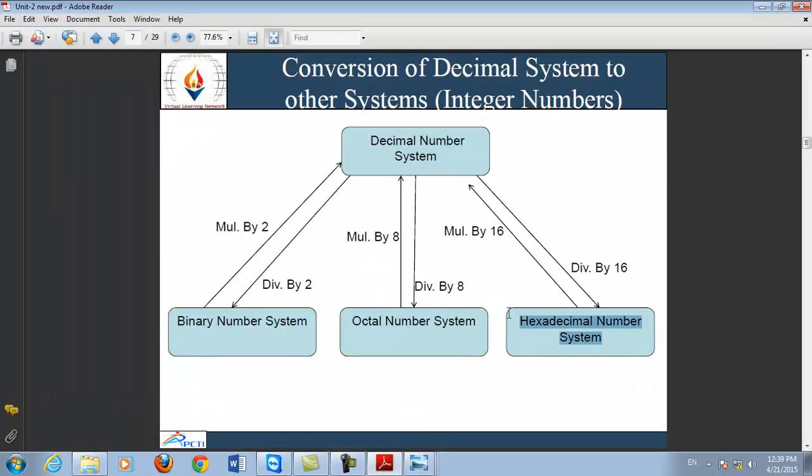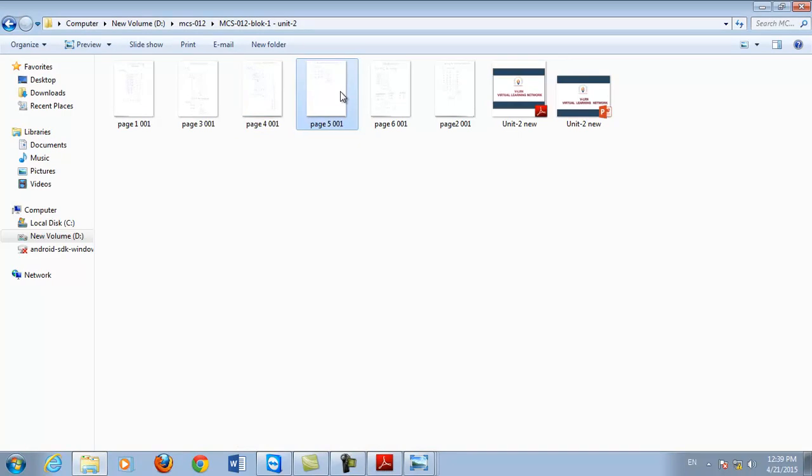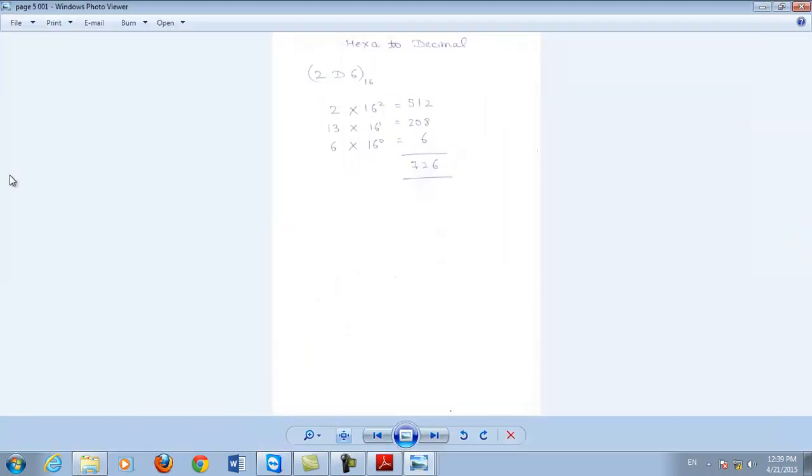Next is to convert the hexadecimal into the decimal number system. Again the process will be the same, but the change is only in the base value. That is, you have to multiply by 16. You can see here 2D6, that is 2, 13, 6, which was the answer from our previous example. D is represented by 13, and 6.